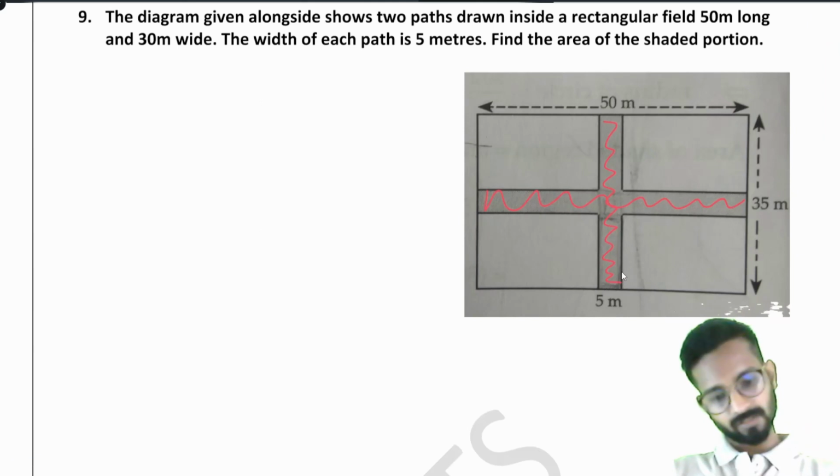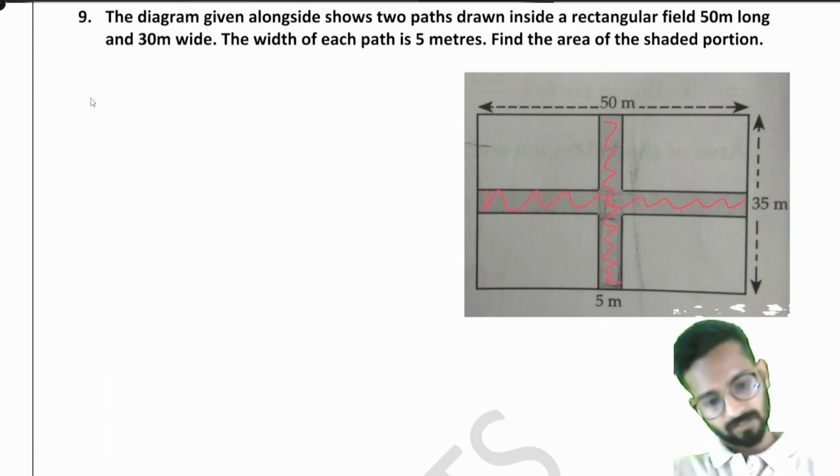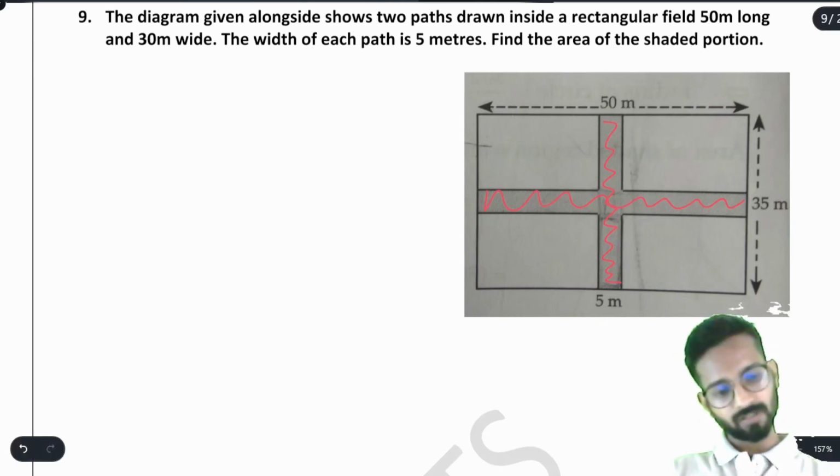How will we do this? See, I can say the area of the shaded portion means we have to find the area of the path. So for that, now understand how we will find the area of the shaded portion.